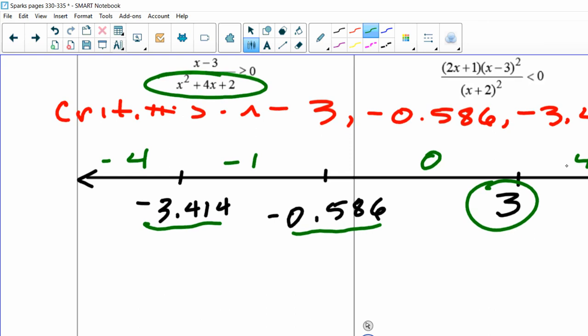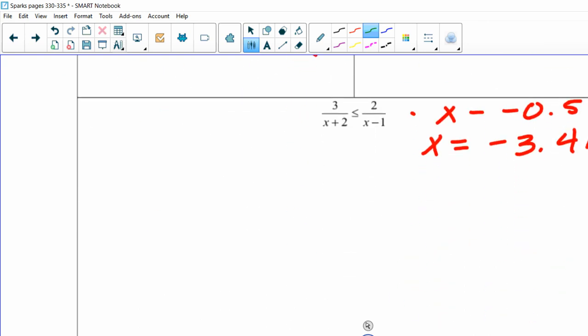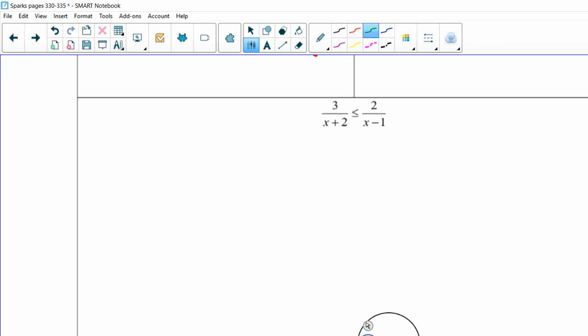I want to go through this one, at least get it started. How is this one different from all the other ones we've done? That one's not set equal to 0. Yeah, I've got two different fractions, and in all the other ones, they're set equal to 0. I can make this one be set equal to 0, though.